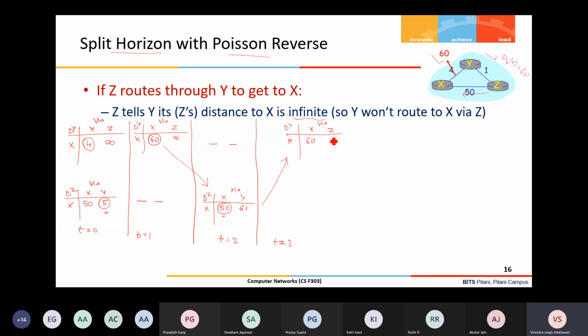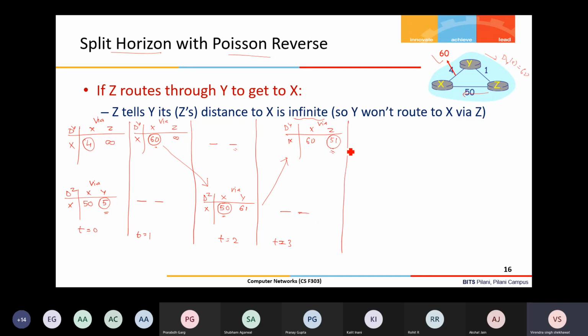Now 51 is less than 60, so 51 is the least cost. You can see that y's least cost to x has changed from 60 to 51. It was 60, now it becomes 51. And there is no change at z at this time.